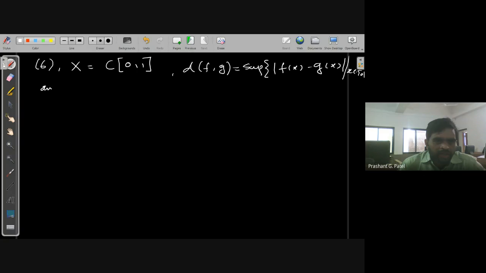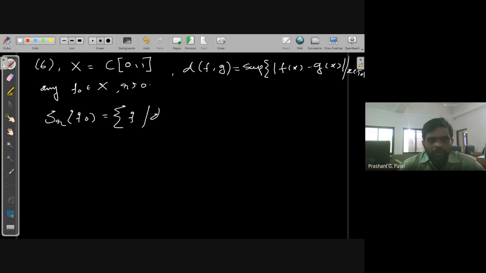Let us consider any f0 in X, and r is positive. The question is, what will be the open sphere of f0 in this space? So S_r(f0) is the set of all f such that d(f, f0) is less than r.